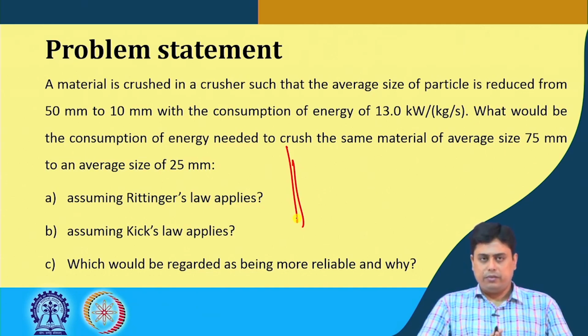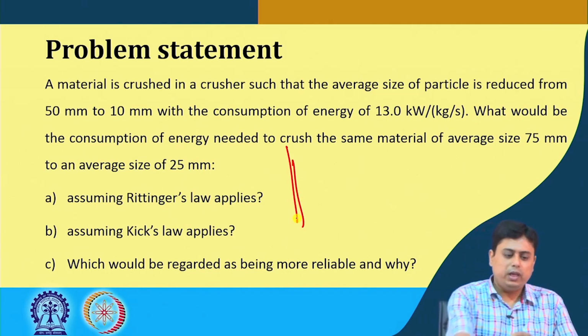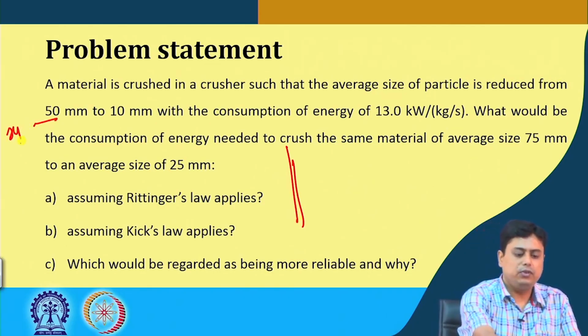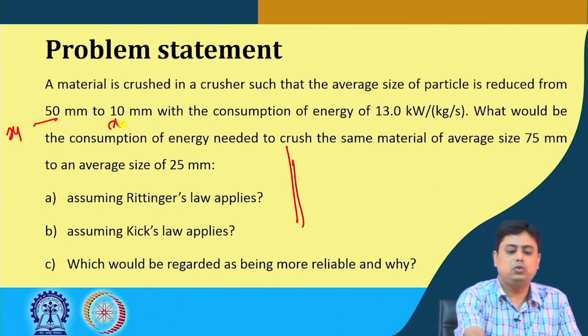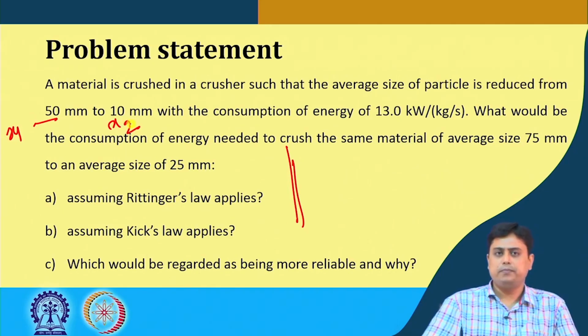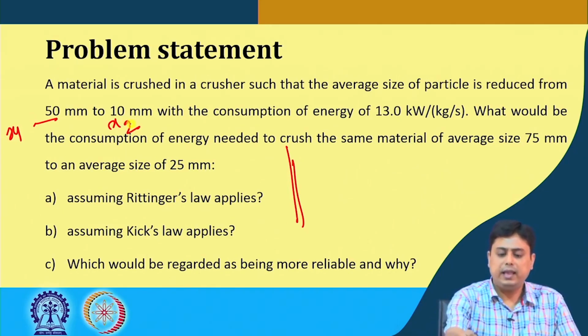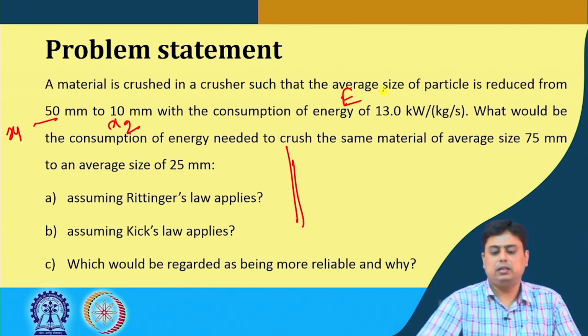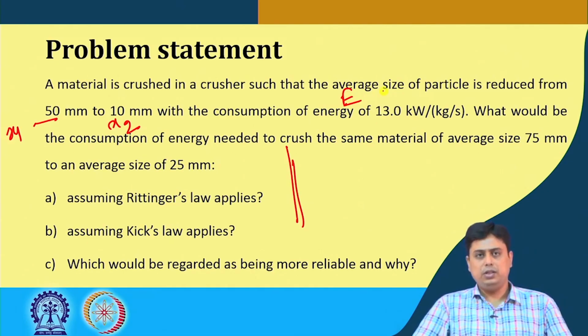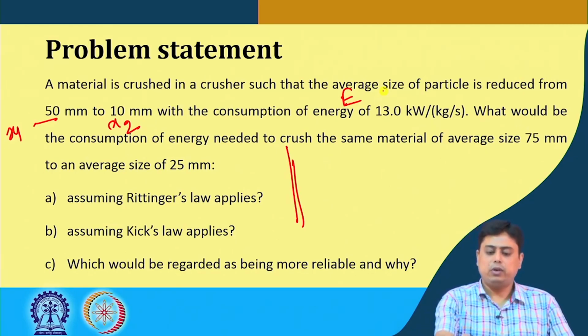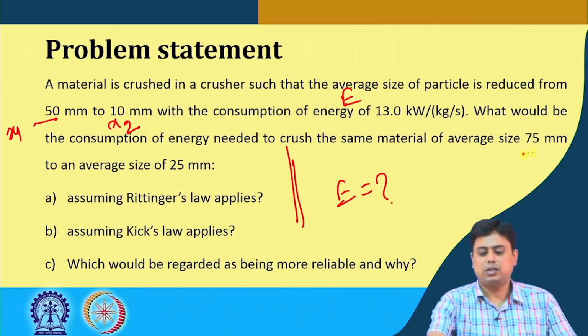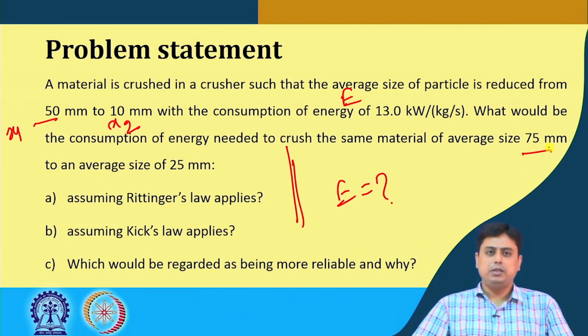The problem is very much straightforward. We have x1 as 50 millimeter to x2 of 10 millimeter, and for this the energy requirement E is 13 kilojoule per kg. If that is so, what is the energy requirement when this size reduction would be from 75 millimeter to 25 millimeter?